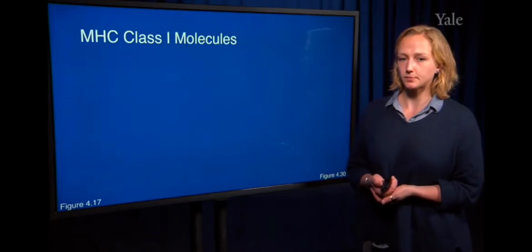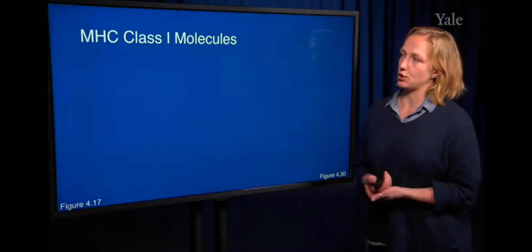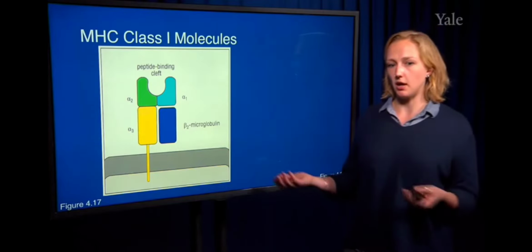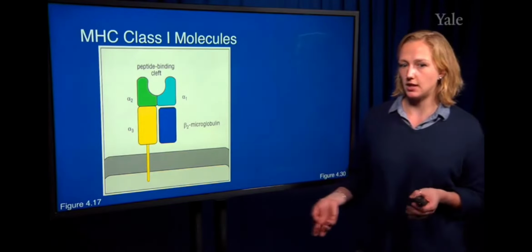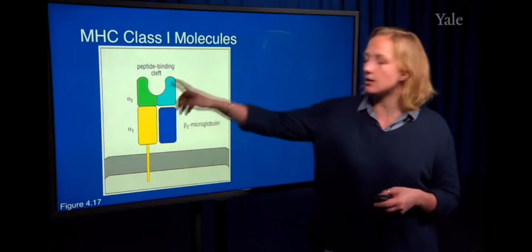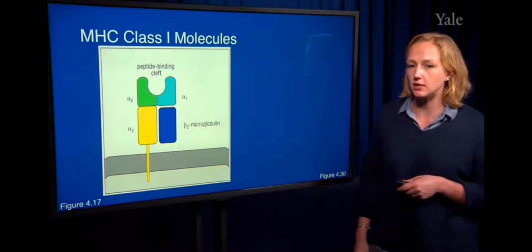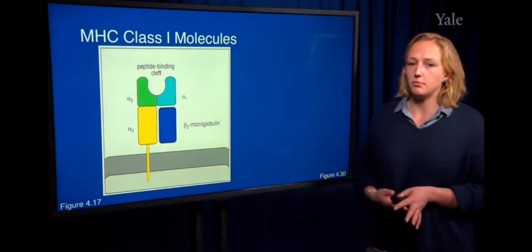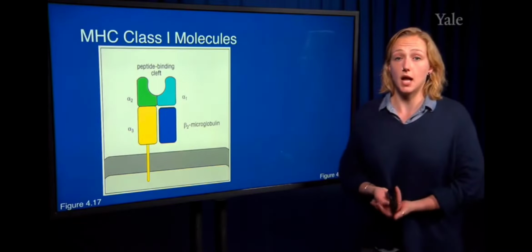So if we look at the structure of MHC class 1 molecules, we see that it consists of two polypeptide chains: an alpha chain that's encoded by the MHC gene, and an additional protein called beta-2 microglobulin. Now, MHC class 1 molecules, as I mentioned in the previous slide, are fairly ubiquitously expressed.